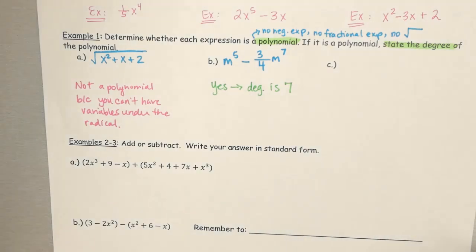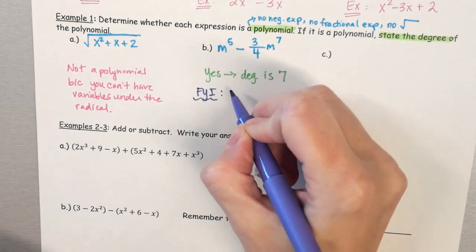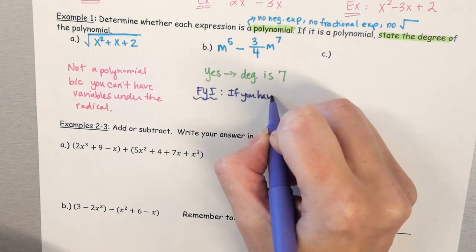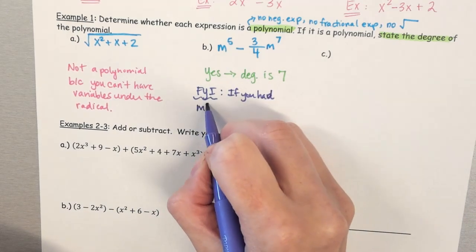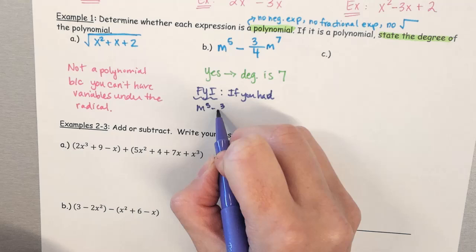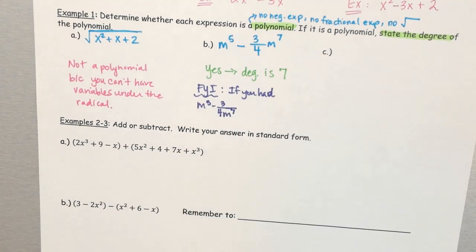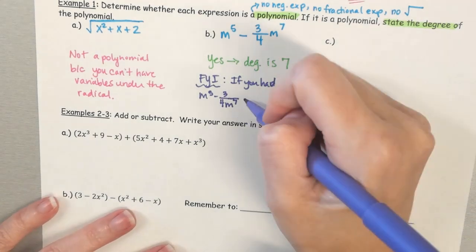Now, we're going to call this an FYI. If you had m to the 5th minus 3/4 over m to the 7th, this would not be a polynomial.